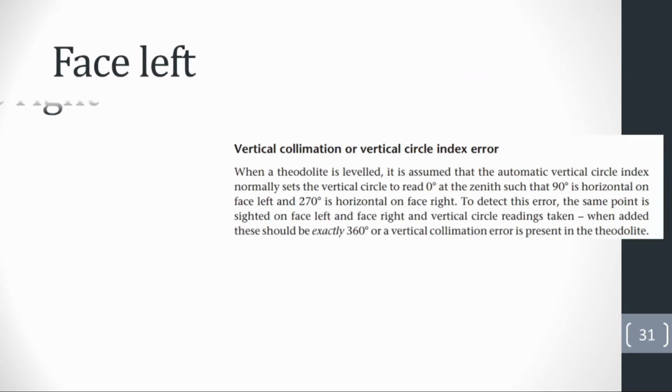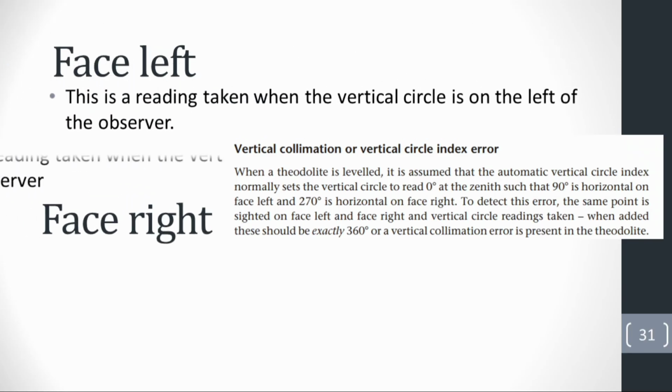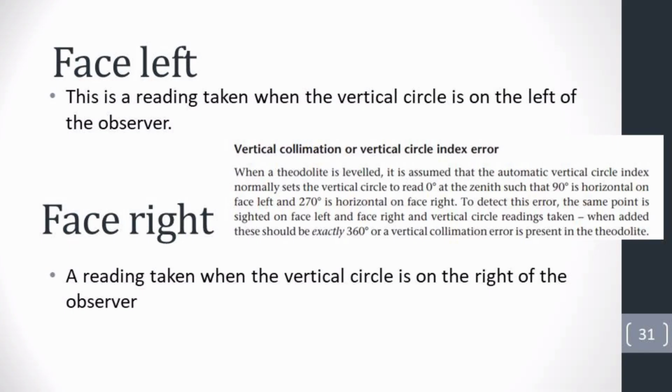Face left reading. This is the reading taken when the vertical circle is on the left of the observer. You can see there we have a little note there.